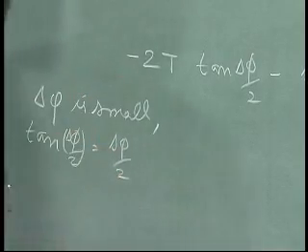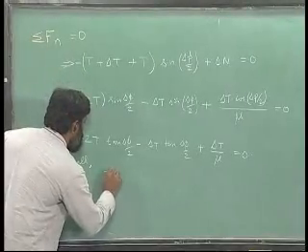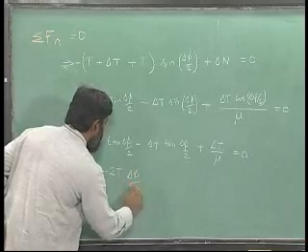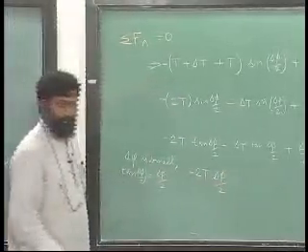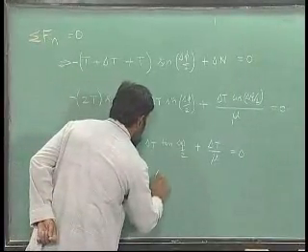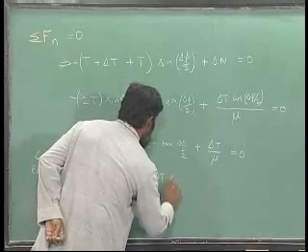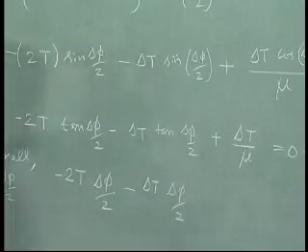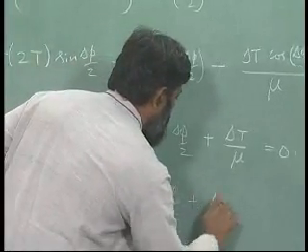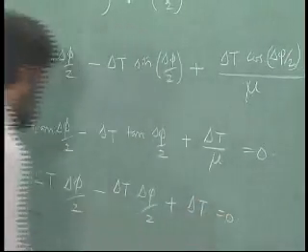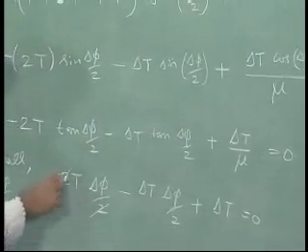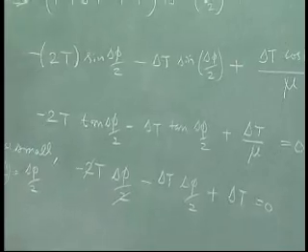Using that relationship, we get minus 2T delta phi by 2, minus delta T delta phi by 2, plus delta T by mu is equal to 0. Here 2 and 2 cancel off.